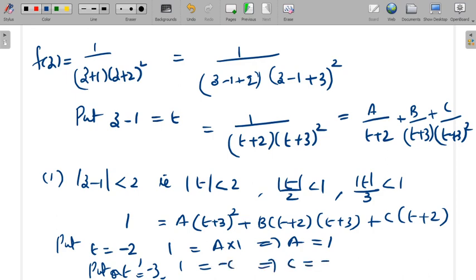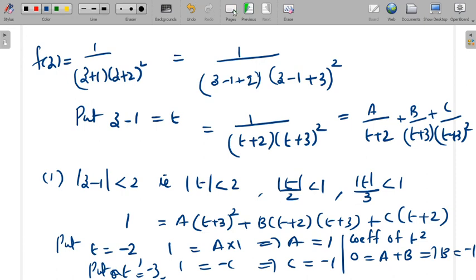This implies c equal to minus 1. ഇനി ഒരു കോഎഫിഷ്യന്റ് എടുക്കുക. So coefficient of t square എടുത്തു കഴിഞ്ഞാൽ we get 0 equal to right side a വരും, b വരും, c യുടെ ടേംസിൽ t square ഇല്ല. So this implies b equal to minus 1. അപ്പോൾ b യും c യും minus 1 ആണ്, a എന്ന് പറയുന്നത് 1 ആണ്.